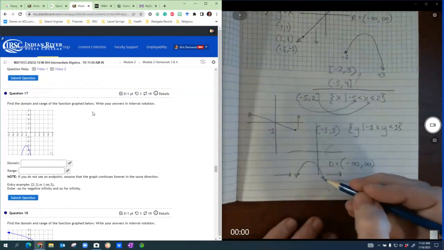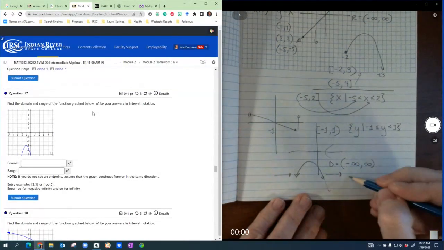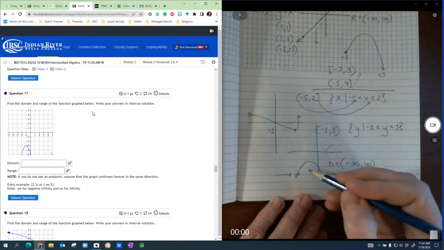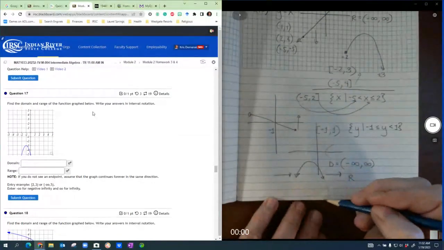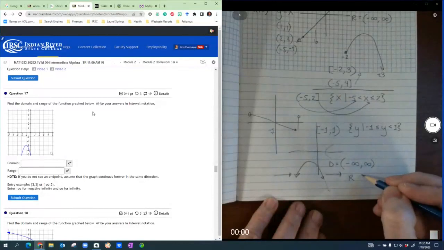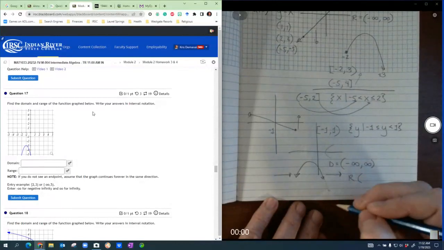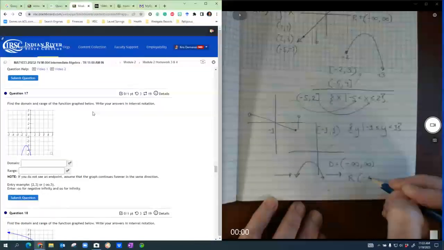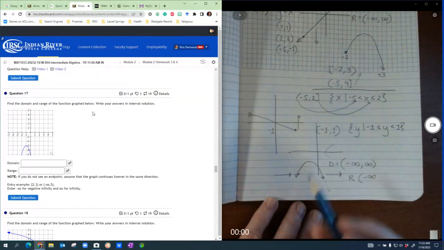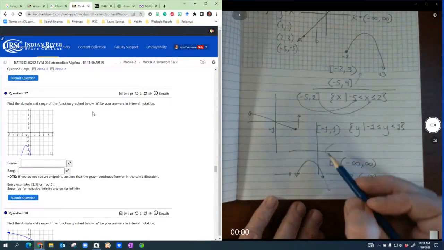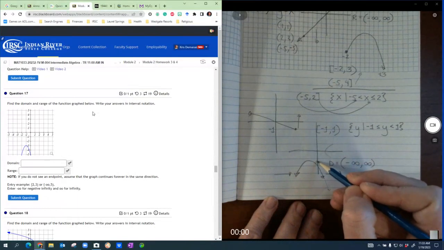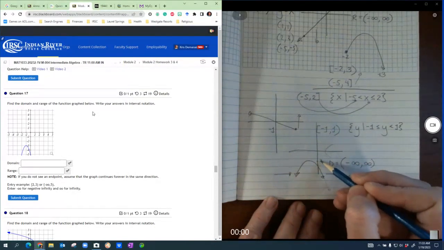Now, from the perspective of range, there's going to be some limitation because it's not always going to go up forever. Right now it's coming from negative infinity, because remember it's going down forever. So it's coming from negative infinity, looking from bottom to top, going up to some point of interest, and that is at the point of negative 3.